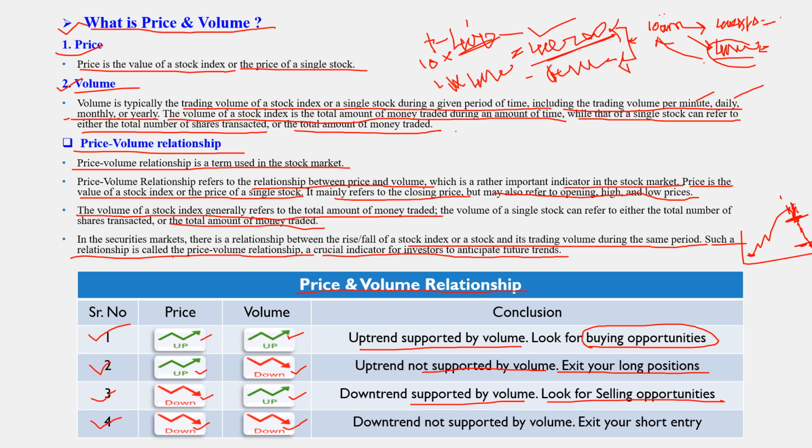At this position the downtrend is not supported by volume, meaning the price is very low and volume also low. We already entered this short position, we already sold, and we need to exit our short entry at this point. We can analyze this through the price-volume relationship: a downtrend not supported by volume means exit your short entry.